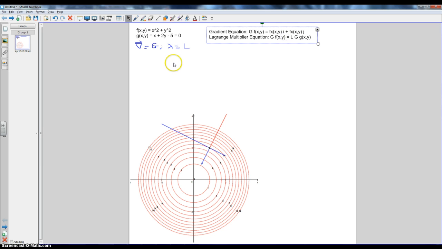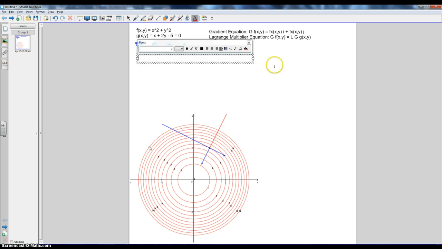So the first step, we need to find the gradient of f and the gradient of g. These are very simple equations, so I can go ahead and write the gradients directly instead of finding f_x, f_y or g_x, g_y.